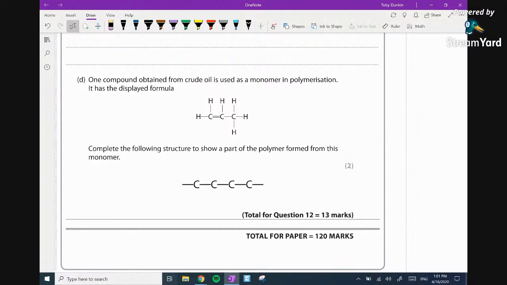One compound came from crude oil and monomer polymerization, shown here. Complete the following from the monomer. That's really sneaky, that. They're being outright nasty here, folks, because this is 2 repeating units, and that's got 3 carbons in it. People are going to want to just put that it's complete. That's so mean. That's the double bond.